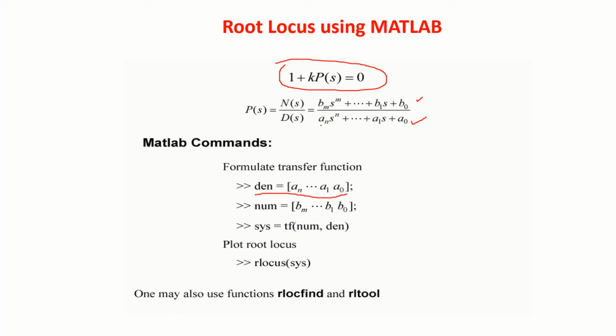In MATLAB we can call it denominator den, and numerator this part. Then if I say sys equal to tf of transfer function num comma den, this is the command. Then it will take the numerator and denominator values and find the transfer function. Then if I say rlocus sys, it will draw the root locus plot.